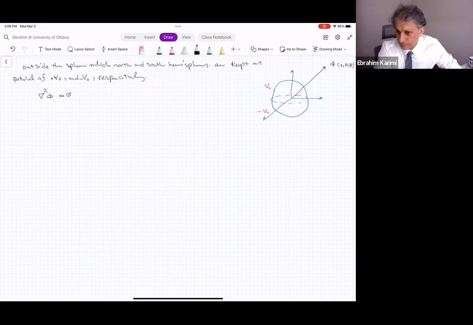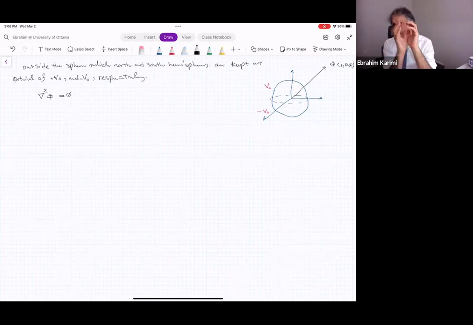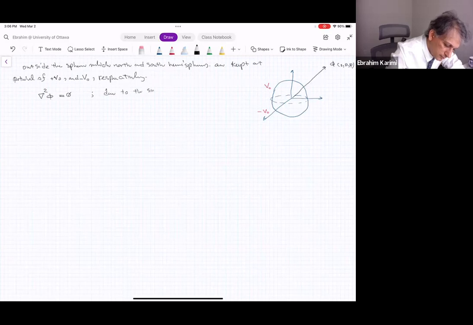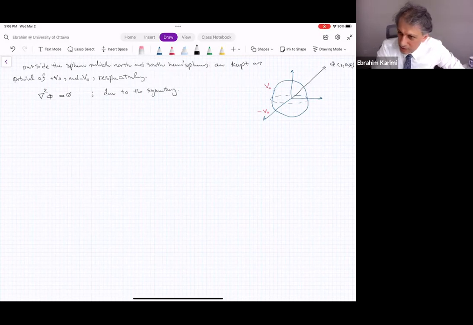All right? Now, this is a perfect sphere. Do you expect the potential to depend on the azimuthal angle? No. The potential is not a function of the azimuthal angle. Due to the symmetry that we have, the potential is not depending on phi.